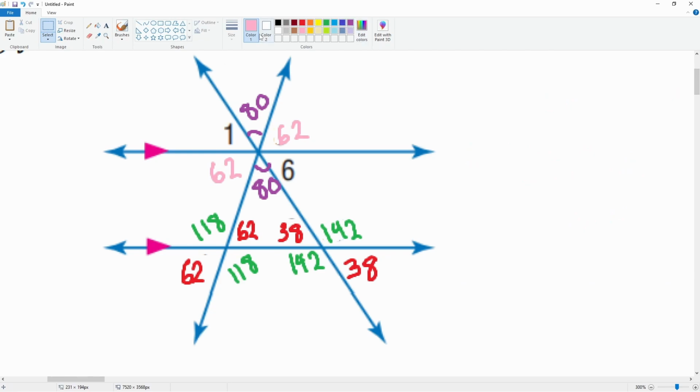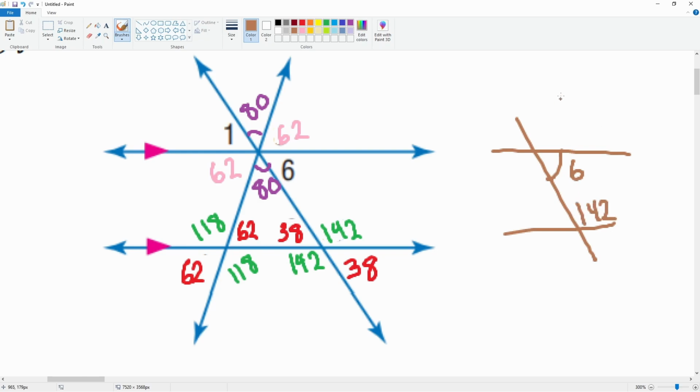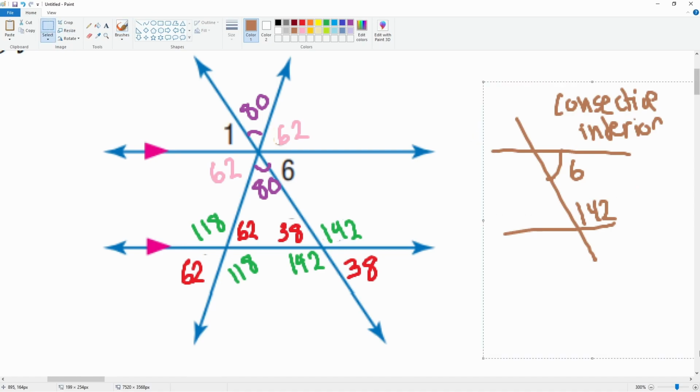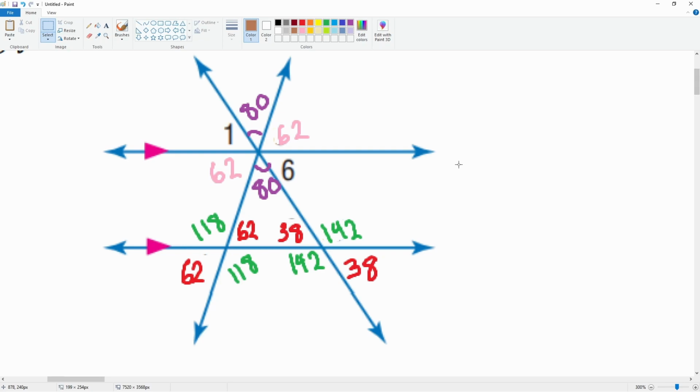We have to try to get this angle, angle 6. Notice angle 6 is also right here. Okay, this is angle 6. This is also a consecutive interior angle with the 142. That means they add up to 180. So we can write angle 6 plus 142 is equal to 180.